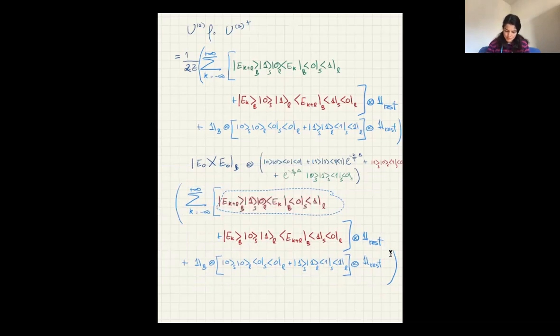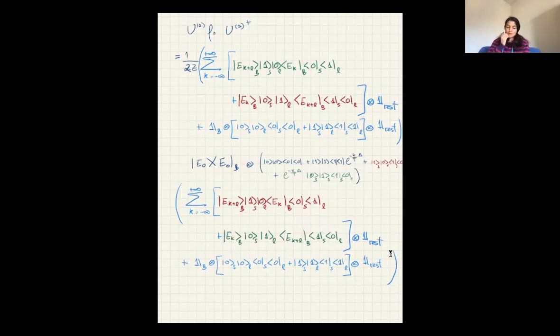So this is the transpose conjugate of this term. That's why it stays in red. And this is a transpose conjugate of the other term, of the green term. So let's make it green.